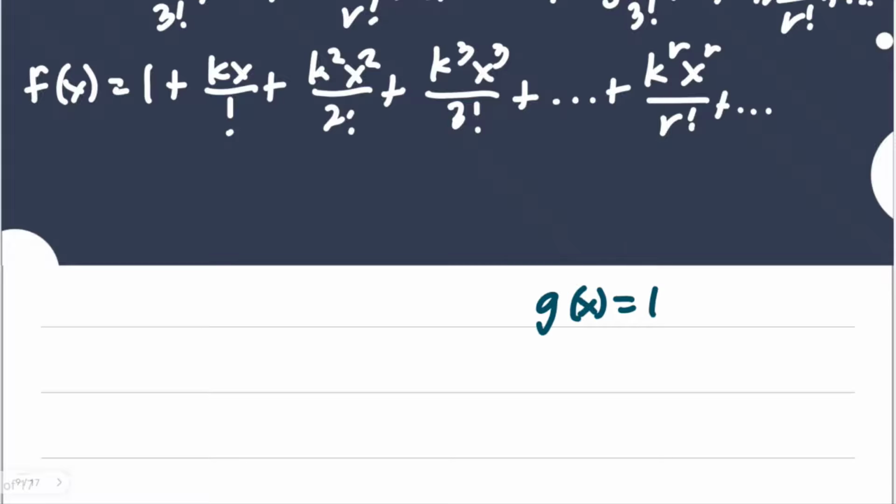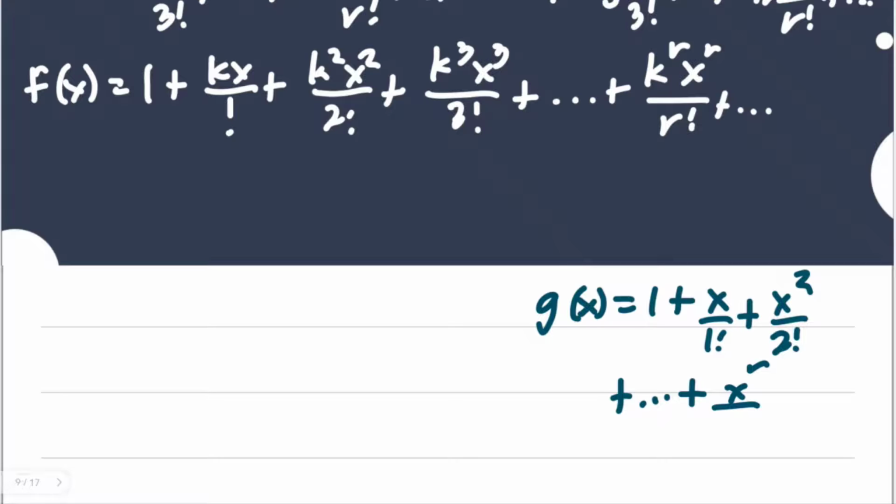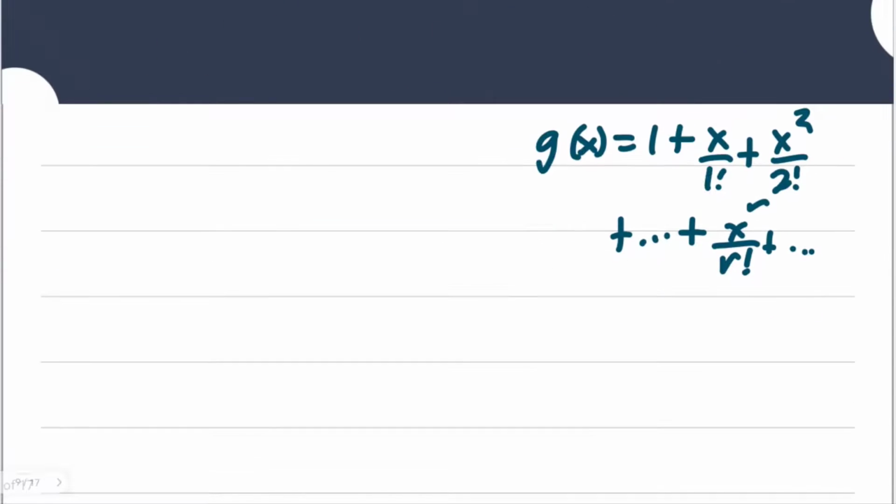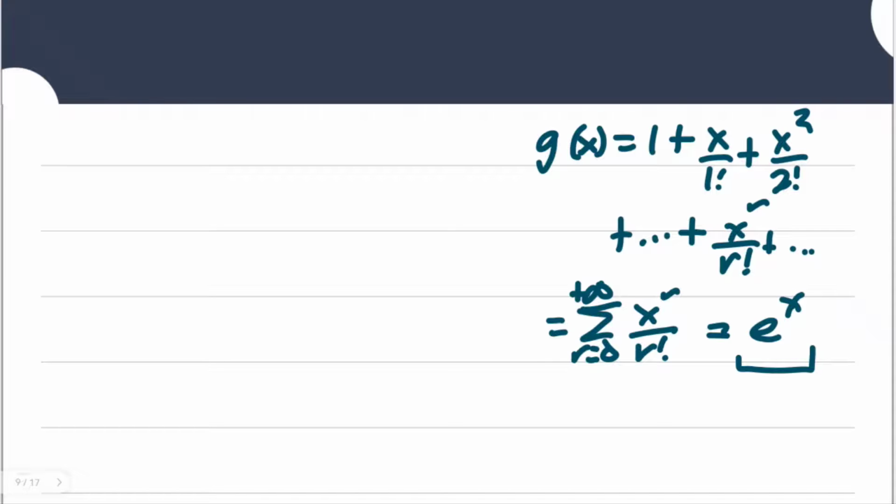Before, we have 1 plus x over 1 factorial plus x squared over 2 factorial, and then plus dot dot until x to the power of r over r factorial can be written as a power series in this manner. You have x to the power of r over r factorial, for r starts from 0 to positive infinity. It even has an equivalent form of e to the power of x. Again, indication of this is an exponential generating function.